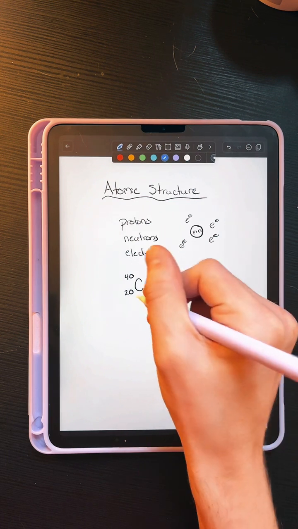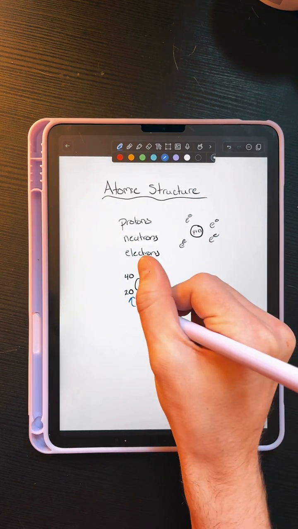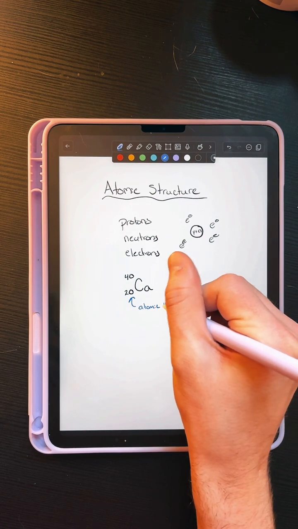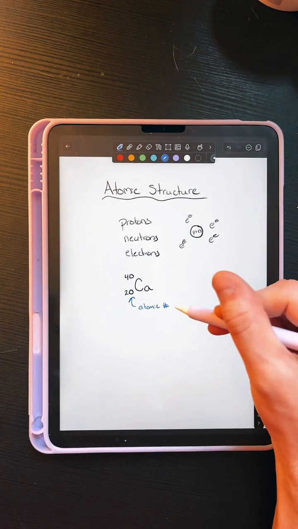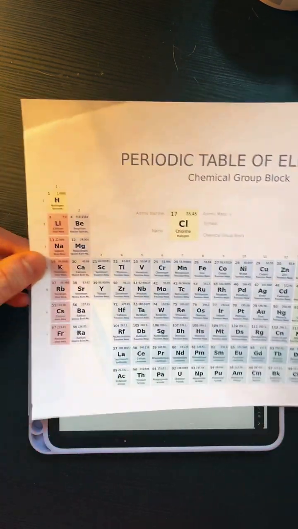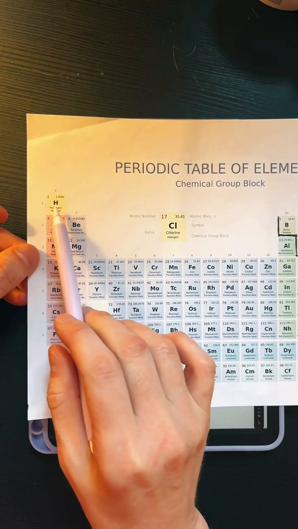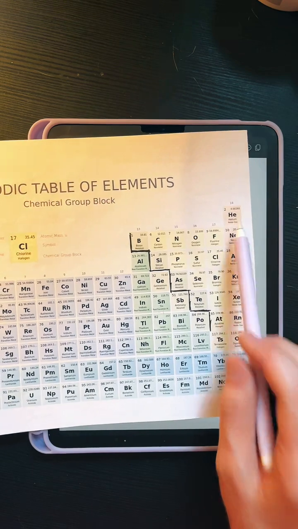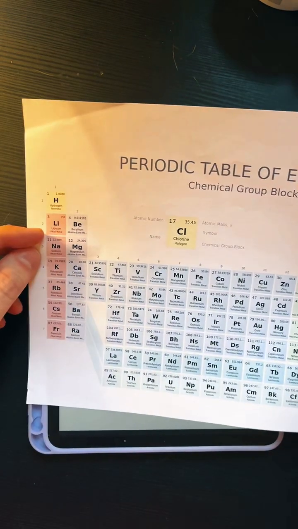What do these numbers mean? Well, this 20 is the atomic number. The atomic number we can find using the periodic table. It's really the number on the periodic table. So hydrogen is 1, helium is 2, lithium is 3, and so on.